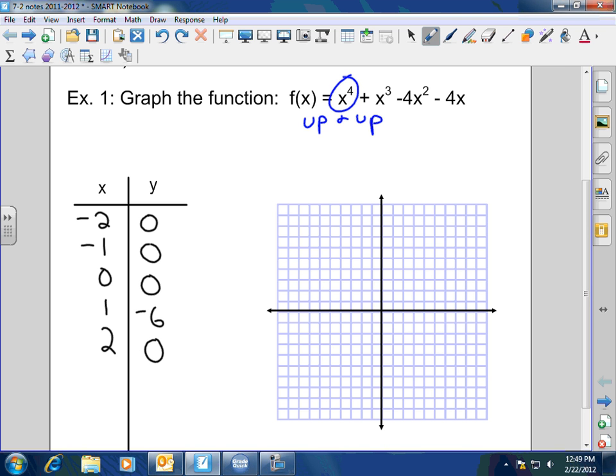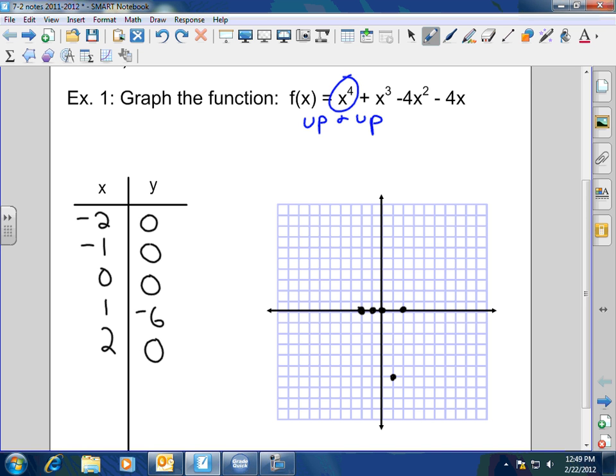So we've got negative 2, 0. We've got negative 1, 0. We've got 0, 0. We've got 1, negative 6. And we've got 2, 0. Now, we know that we have 4 zeros here.